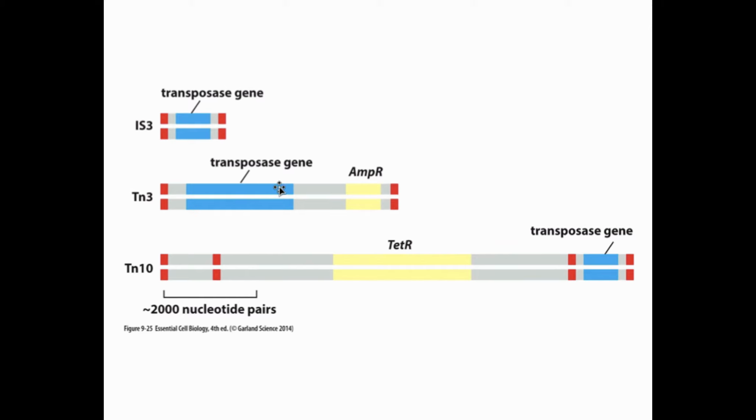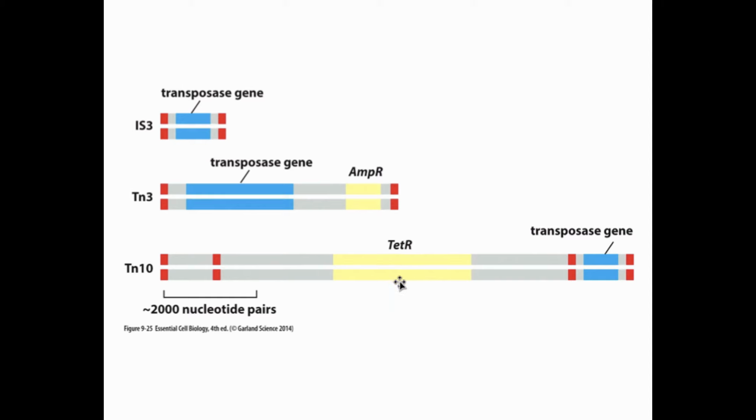So in addition to the transposase gene, which is necessary to move the transposon, these larger segments of DNA also carry additional genes. In this case, they carry a gene that conveys resistance to the antibiotic ampicillin.